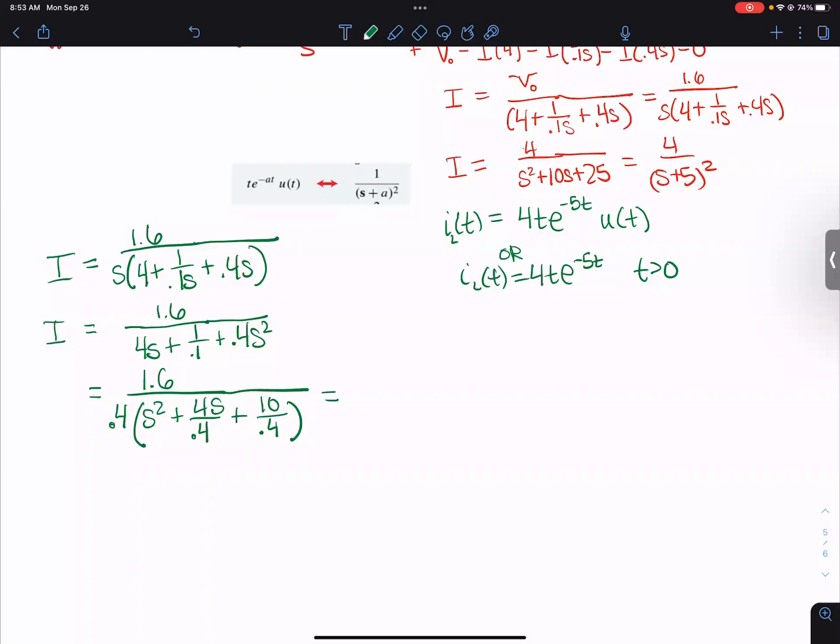So 1.6 over 0.4 becomes a 4. And then this is S squared, 4 over 0.4 becomes 10. And 10 over is 25.